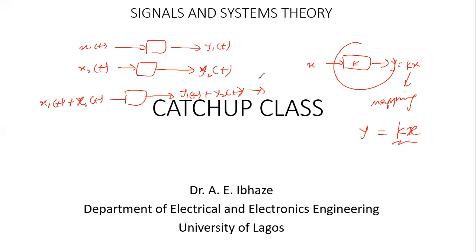And we said that for a system to be linear, it has to obey both the law of additivity and the law of homogeneity. The law of homogeneity has to do with scaling. So in other words, should we scale the input, say s of t, by some parameter k, and feed that into a system, then we should get y of t to be the scaled version.